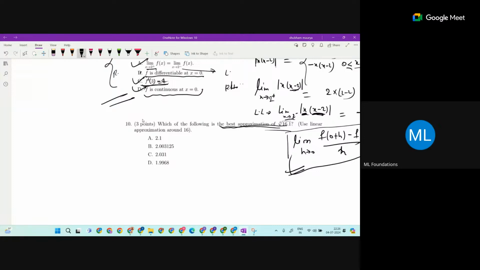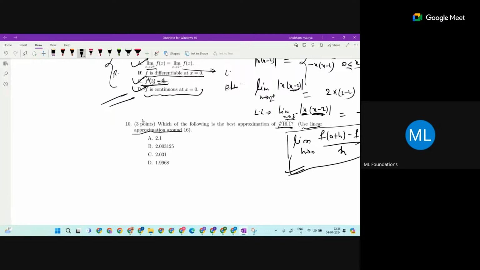Use the linear approximation. This is already the linear approximation formula, which I already discussed. It is asking for the best linear approximation, so how will we think about it?